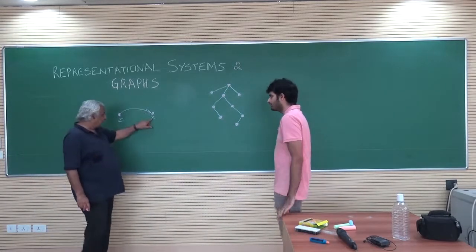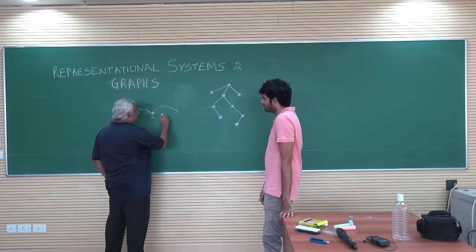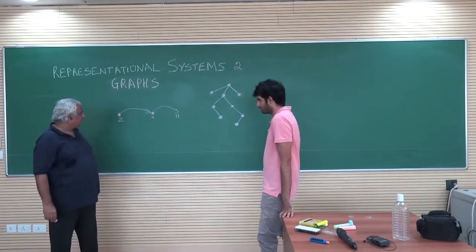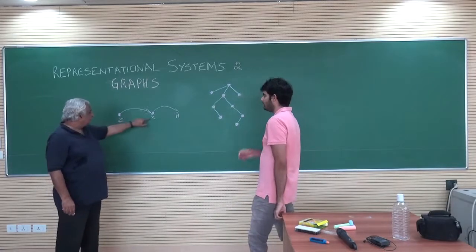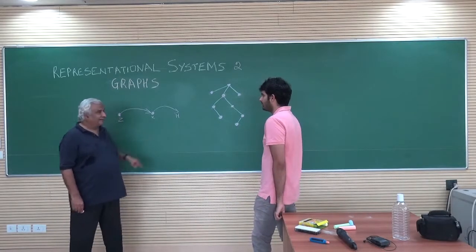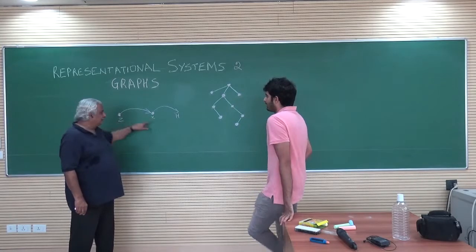I could say Zina is taller than somebody else, let's say, Hercules. So if Zam is taller than Zina and Zina is taller than Hercules, then it would imply that Zam is taller than Hercules.